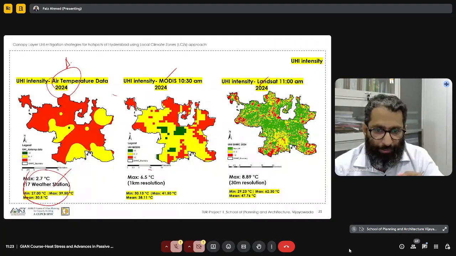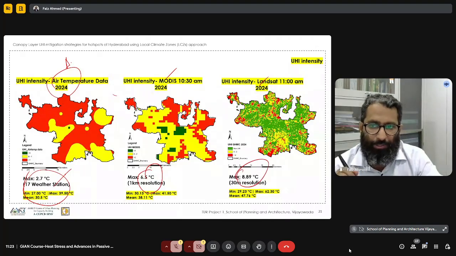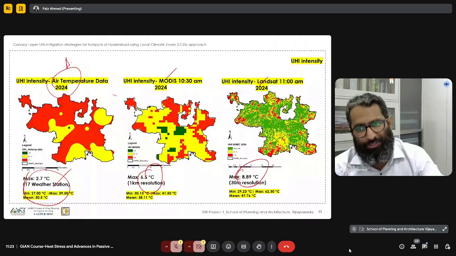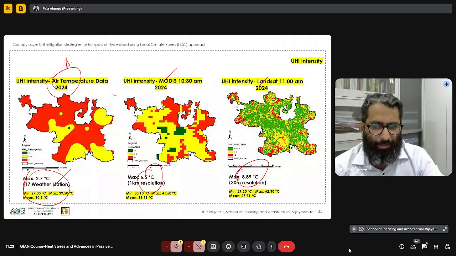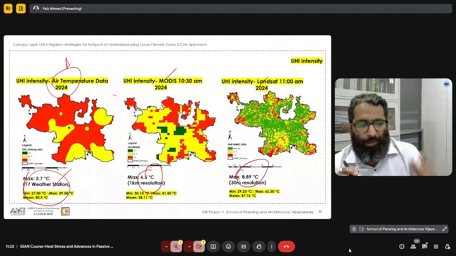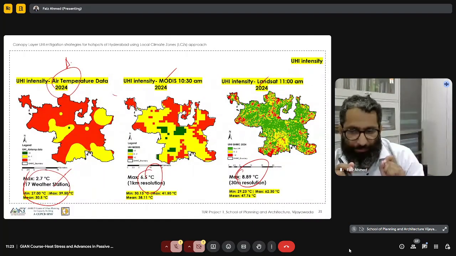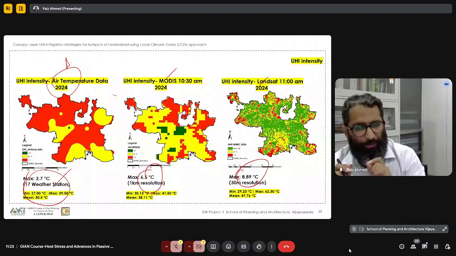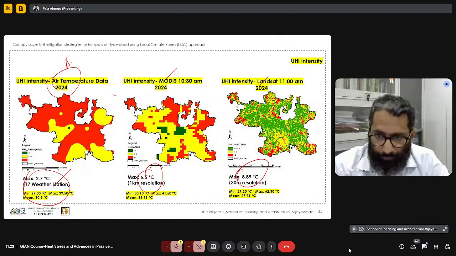But if you look at the MODIS data, we could find the UHI intensity of about 6 degrees Celsius. And if you look at the Landsat data, we were able to compute the UHI intensity of about 9 degrees Celsius. So on an average, there is a UHI intensity of 3 to 8 degree difference across the city.